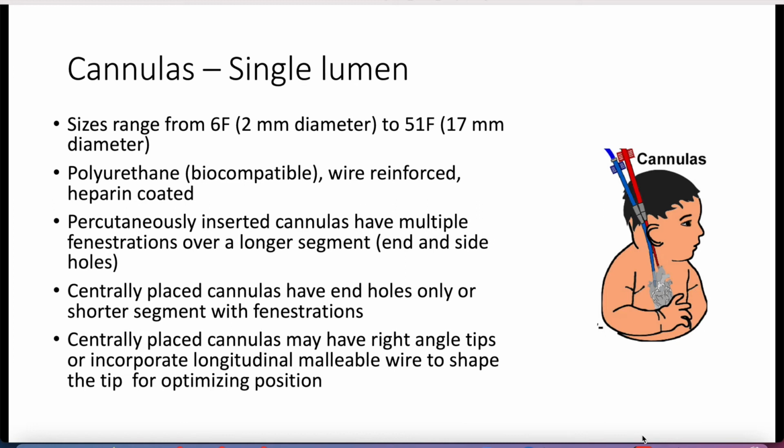Usually they may have end as well as side holes. Centrally placed cannulas usually have end holes only or may have a shorter segment of fenestrations, as only a small portion of the cannula is usually inserted into the blood vessel or the cardiac chamber. Also, centrally placed cannulas may have right angle tips or incorporate malleable wires so that the surgeon could shape the tip to optimally position them inside cardiac chambers.